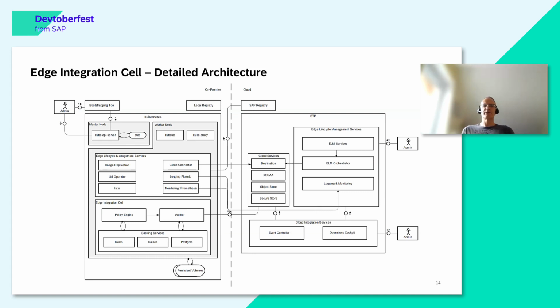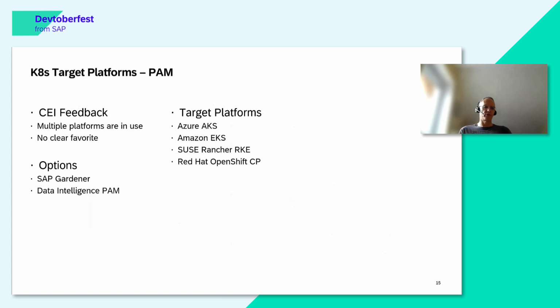Good. From a Kubernetes perspective, when we look at how we approach, let's say, the heterogeneous offerings that are in the market, of course we started with trying to get some feedback from customers. What favorites, what platforms do they use, what do they need.